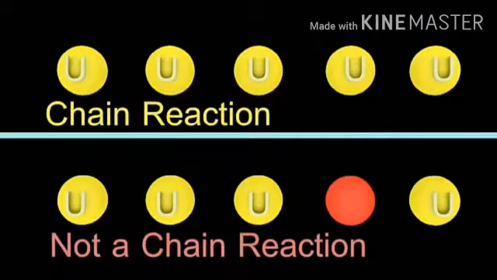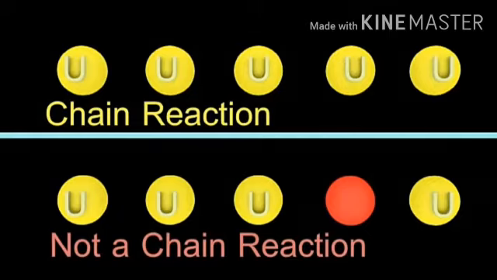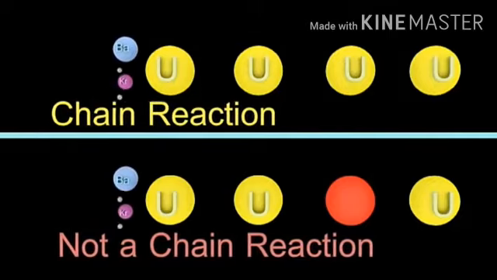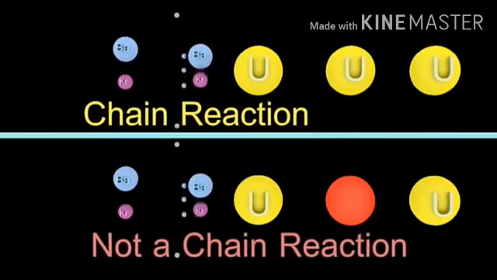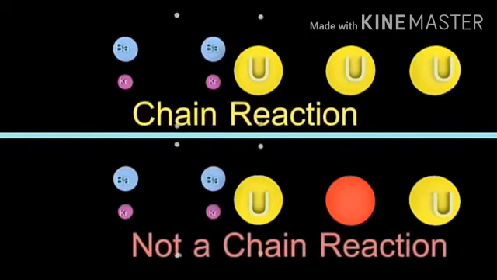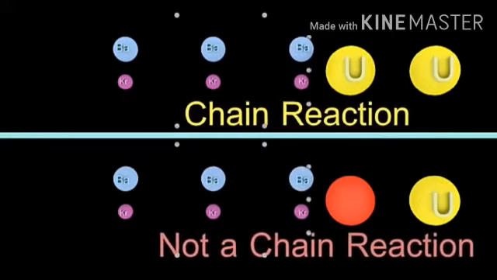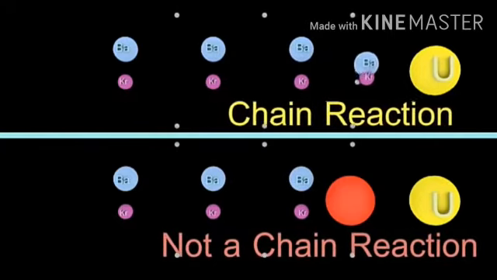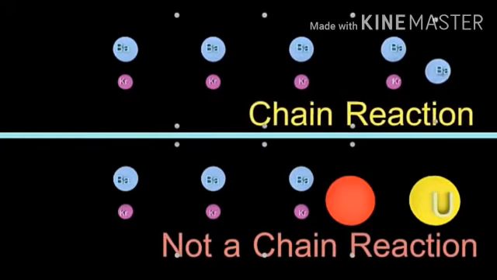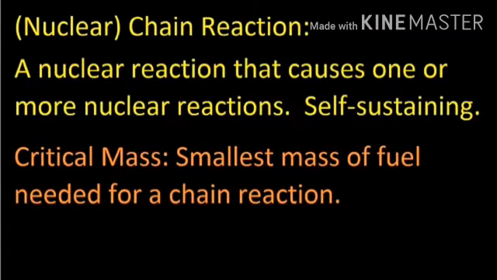Chain reaction. When a uranium nucleus is bombarded by or collides with a neutron, the fission reaction produces three neutrons. These three neutrons cause three other uranium nuclei to undergo nuclear fission reaction. They produce 9 neutrons. This process continues.